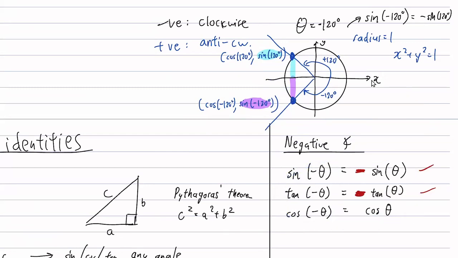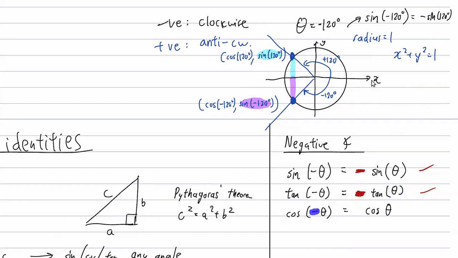Basically, the negative inside the argument of the sine, you can take it out, so the negative ends up outside. For tangent, you do the same thing. The negative ends up outside, so it becomes tangent of theta with an extra minus sign outside.